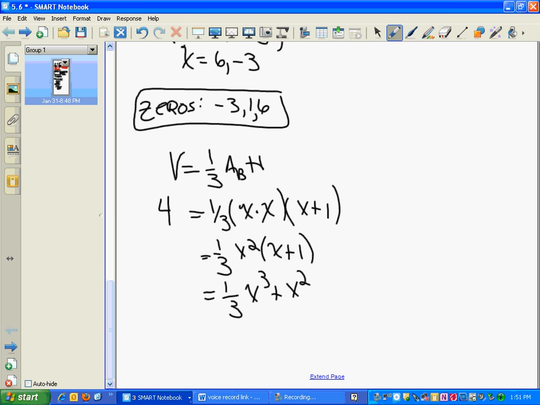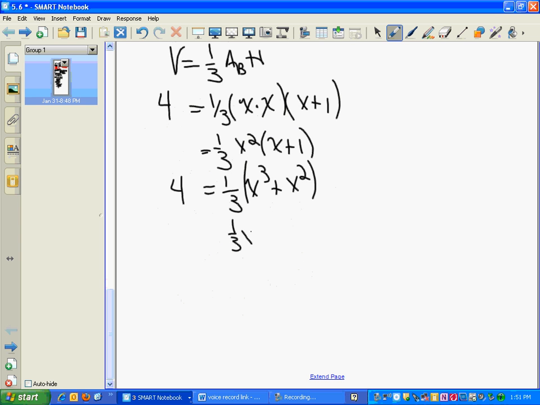And all of this is still equal to 4, right? What am I distributing? Oh, I can't distribute a square like an exponent. But this is just a term sitting out front, right? All right, so this is 1/3 x cubed plus 1/3 x squared.